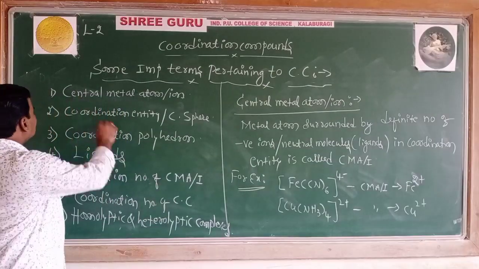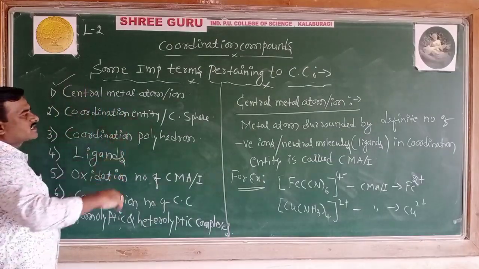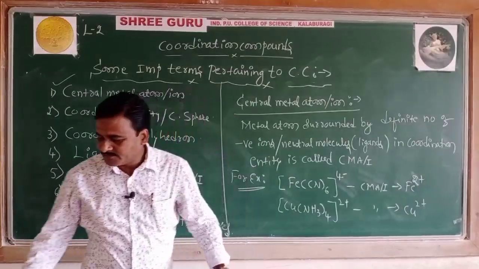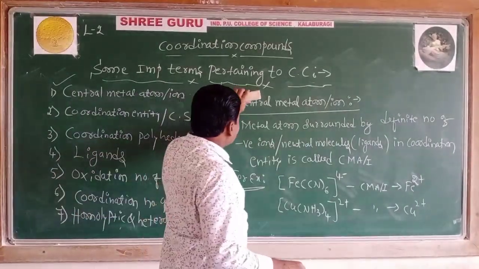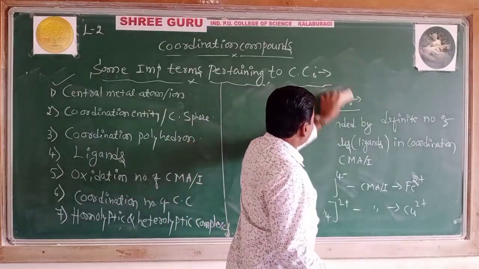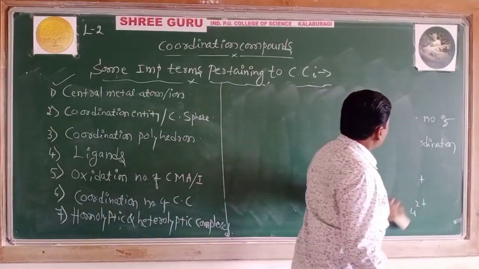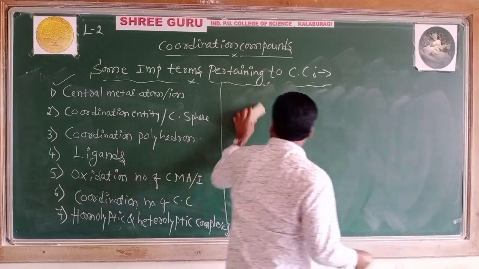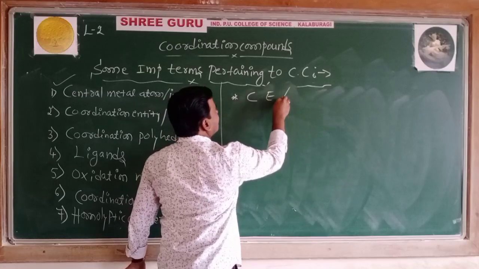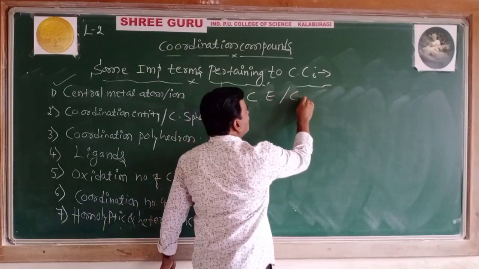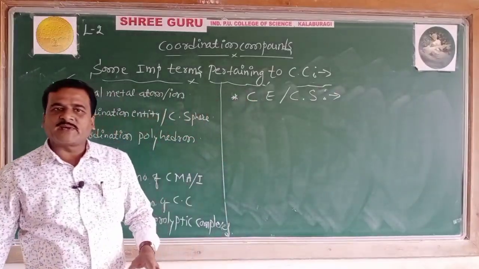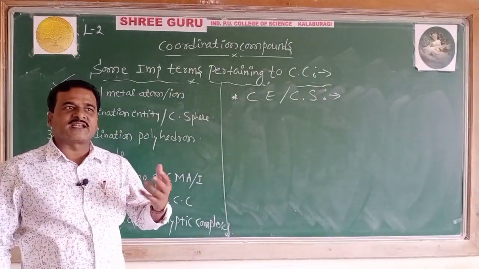Now let's take the next one. What is a coordination entity or coordination sphere? In short, a coordination entity is almost the same as a coordination sphere. What is meant by a coordination sphere or a coordination entity?